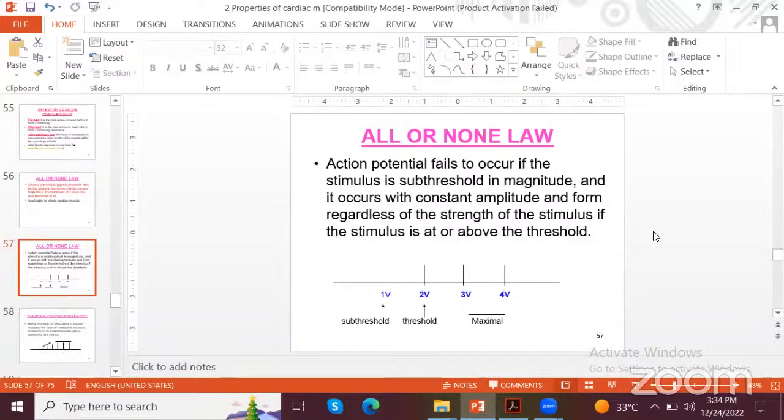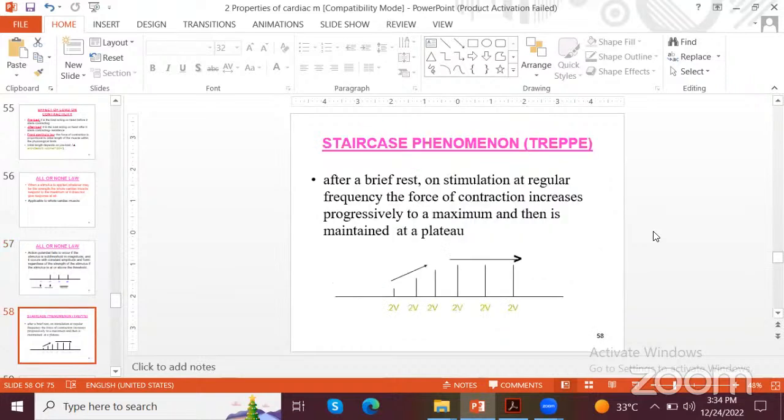That is, the action potential fails to occur if the stimulus is of subthreshold magnitude, and it occurs with constant amplitude and form regardless of the strength of the stimulus, if the stimulus is at or above the threshold. So, the next property is the staircase phenomenon or treppe.